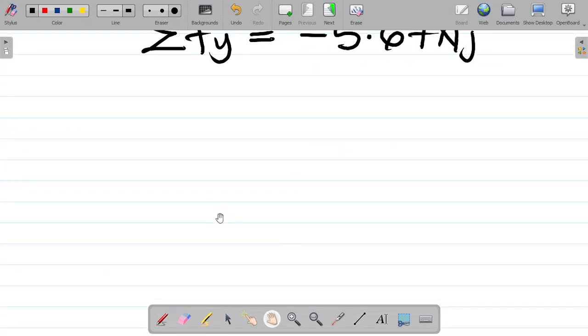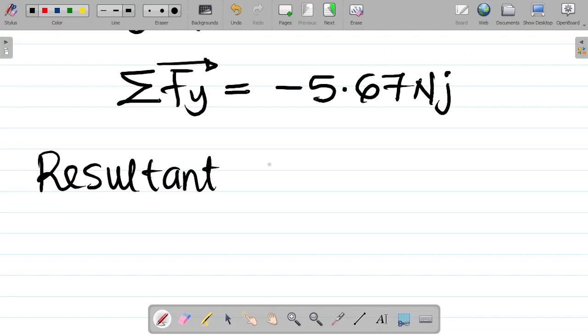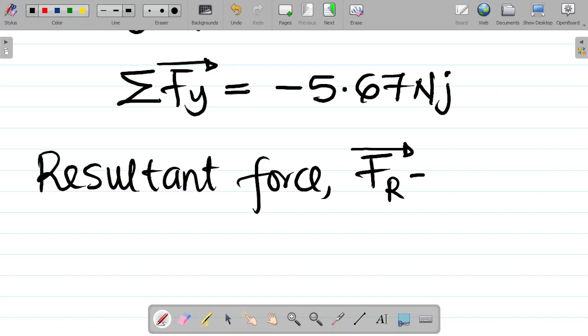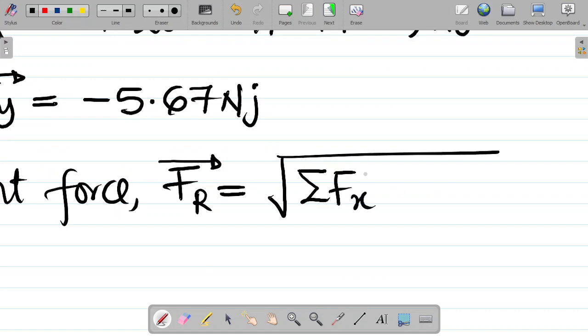Now to get the resultant, we have to find the magnitude and direction of the resultant. For the resultant force, let's call this Fr. The formula for this is simply equal to the square root of sigma Fx all squared plus sigma Fy all squared.